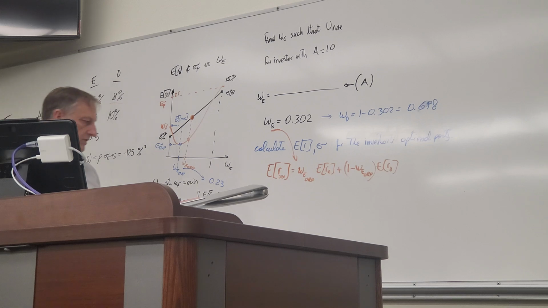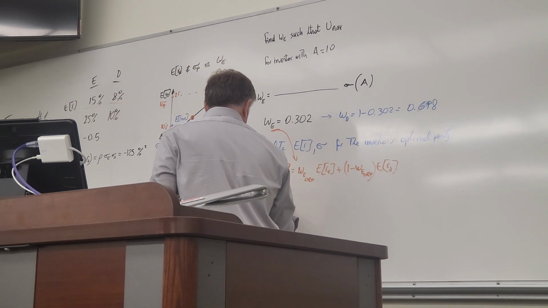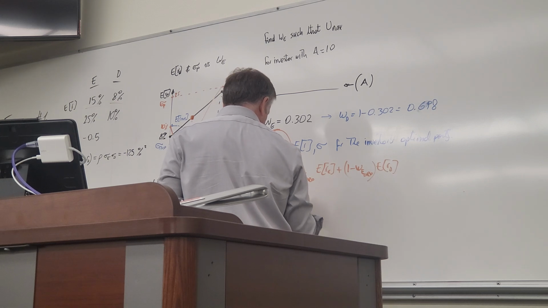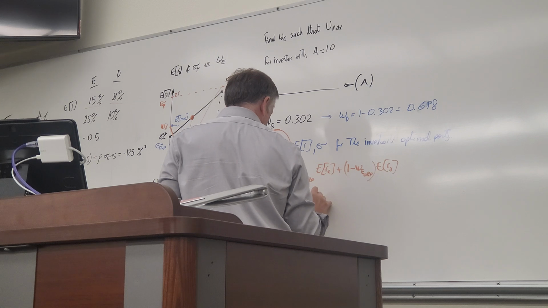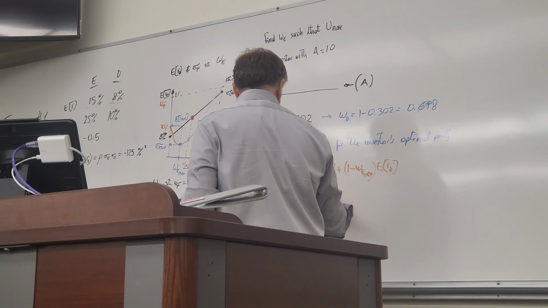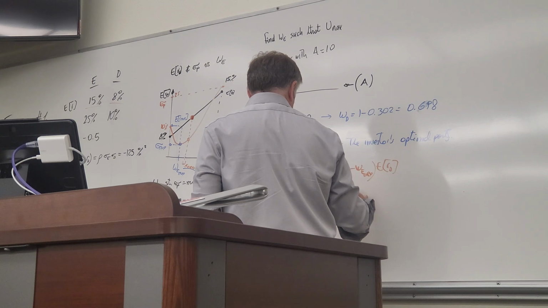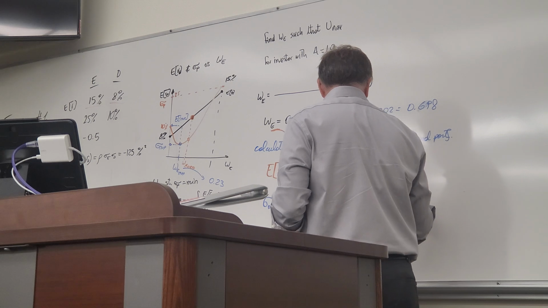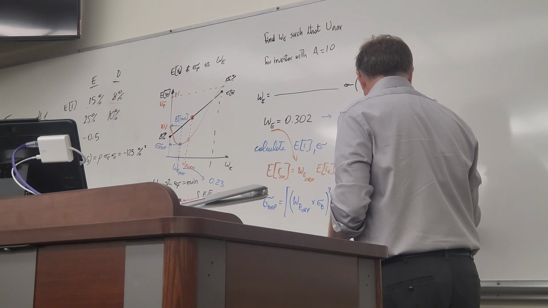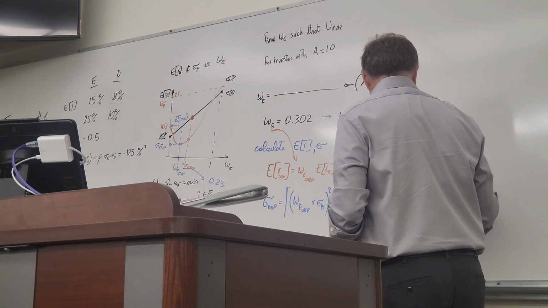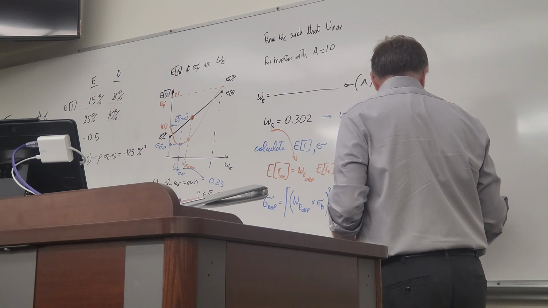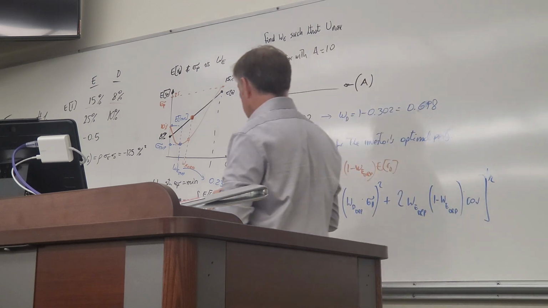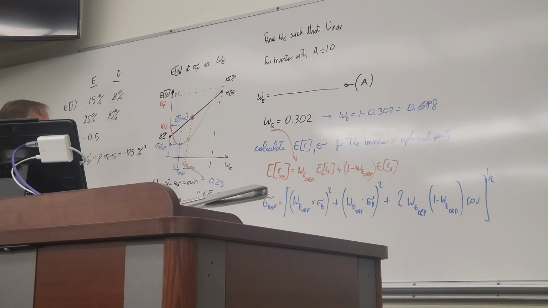And then we can use the formula for risk, which is the weight of equity of P squared times sigma E squared, plus the weight of debt of P squared sigma D squared, plus twice the weight of equity of P times 1 minus the weight of equity of P times the covariance. So plug all the stuff in there and it will tell you exactly the location of this point.